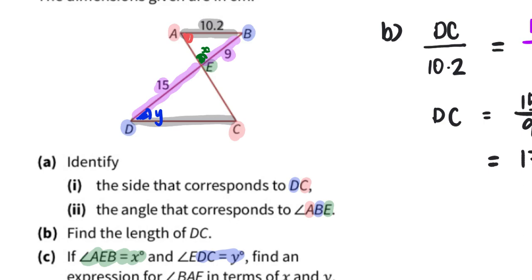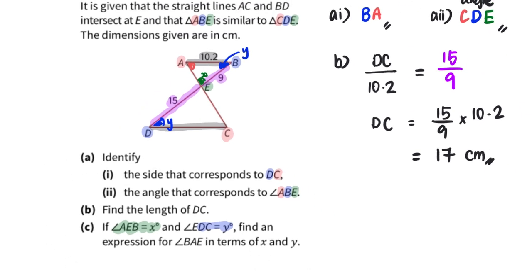There are quite a few approaches. I hope you can see that because they are corresponding angles of a similar triangle, this will also be Y degrees. So my angle BAE is simply 180 minus X and Y, right?